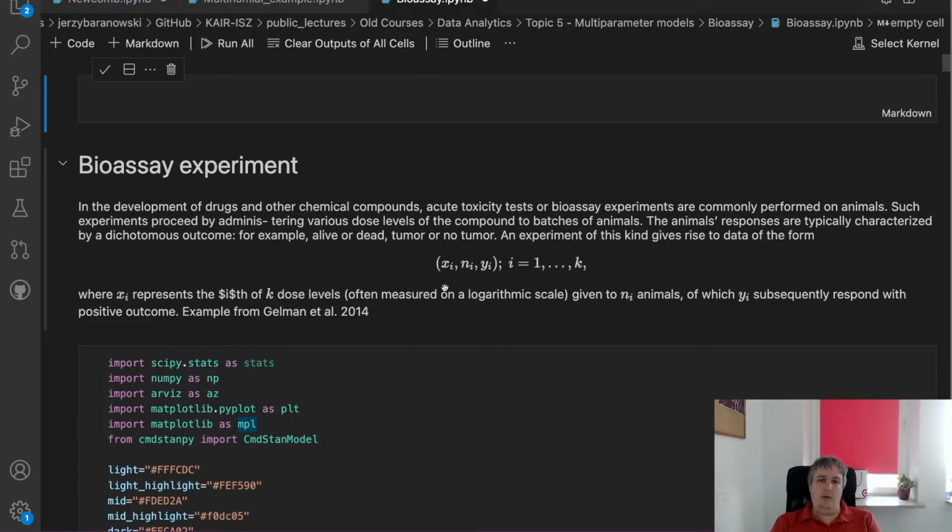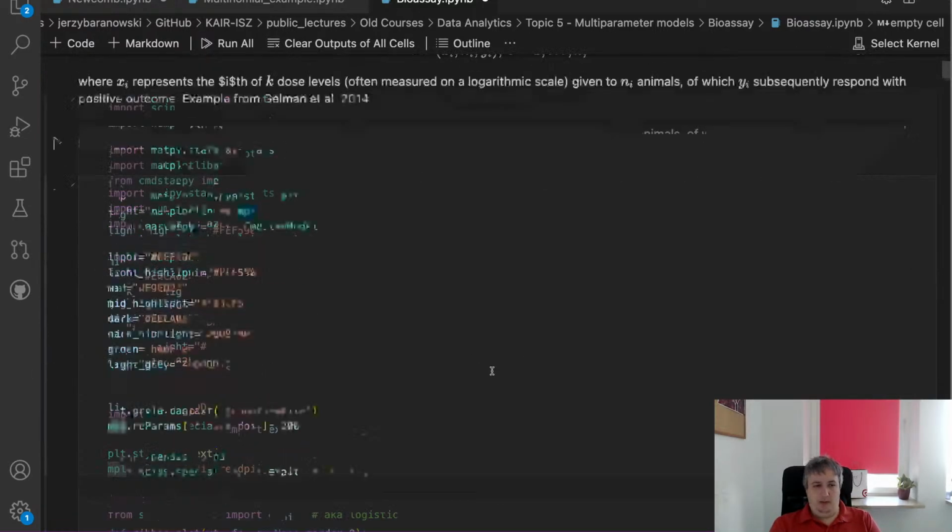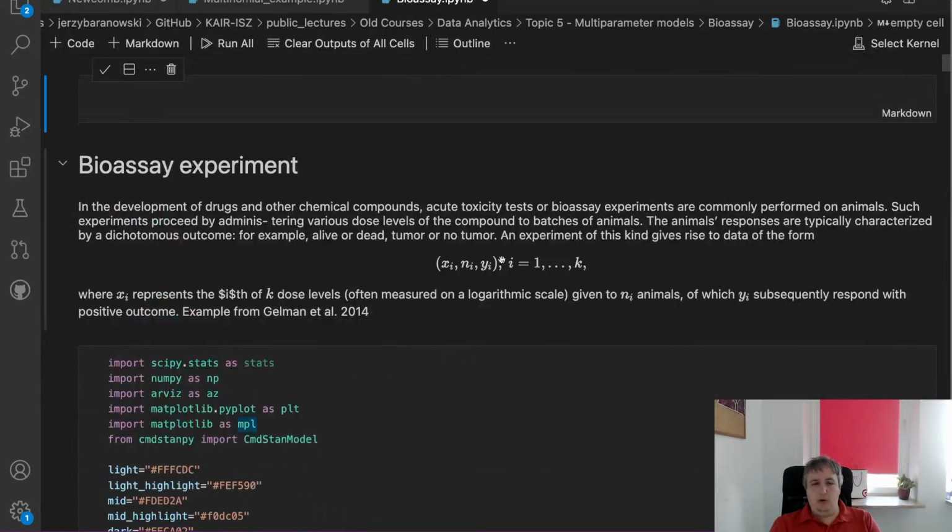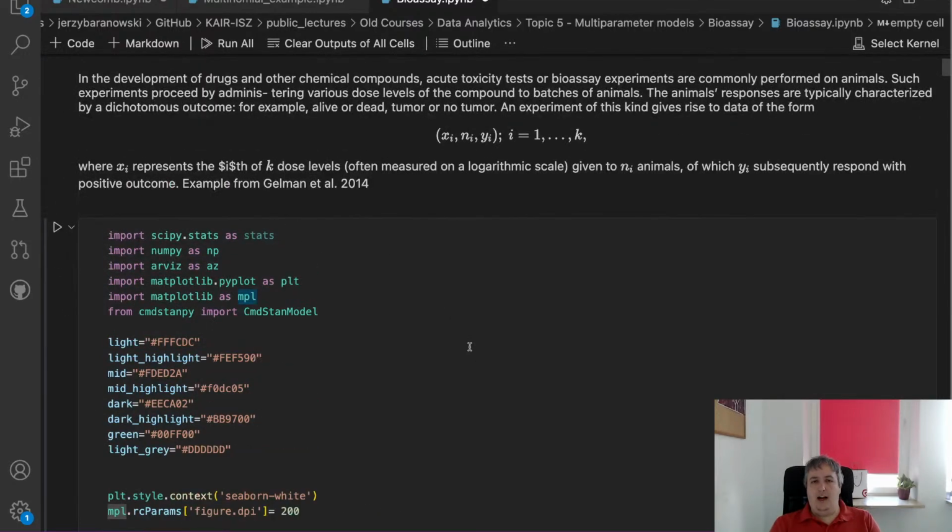How many positive outcomes in n trials was obtained by giving them the dose. And we will consider creating a model that will represent this behavior. So we try a model that will model the relationship between dose and effectiveness, or let's say estimating the dose when the animals will be dying.